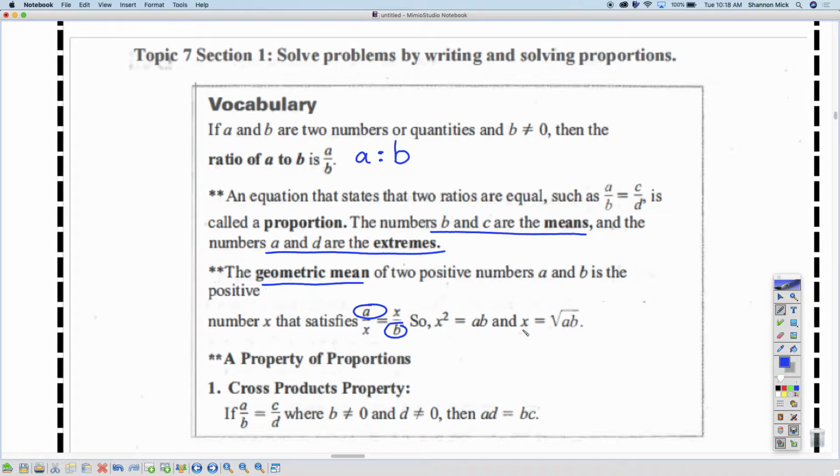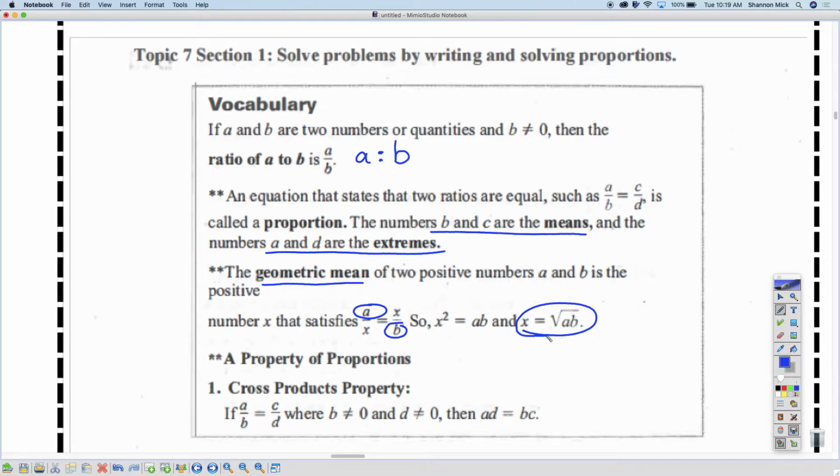So the geometric mean is x equals the square root of A times B. So the numerator of the left times the denominator of the right is the geometric mean. That's something else you might want to highlight, right?